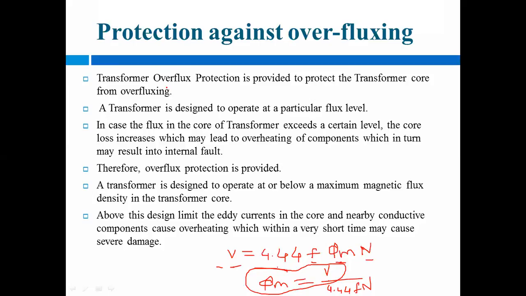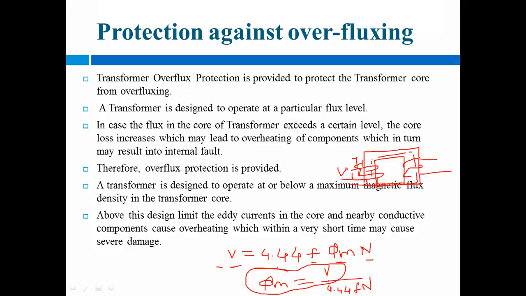The transformer overflux protection is provided to protect the transformer core from overfluxing. When we consider the transformer core, there is a primary winding and a secondary winding. When we apply some voltage here, current flows through the circuit. That current is I1, and it is setting the flux.